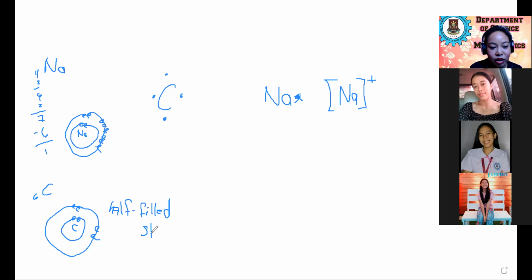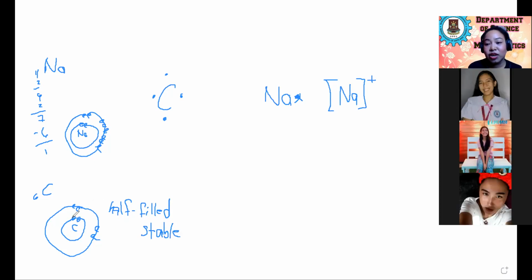So, na-stable na siya pero katunga lang. So, dili na ni siya muhatag og electron kay naabot na niya ang half-filled stable. Kung kuhaan mo na siya og isa, the more siyang ma-unstable kay imbis upat na lang ang kulang, kuhaan man nimog isa, 5 na hinuon. So, dili na siya musugot.